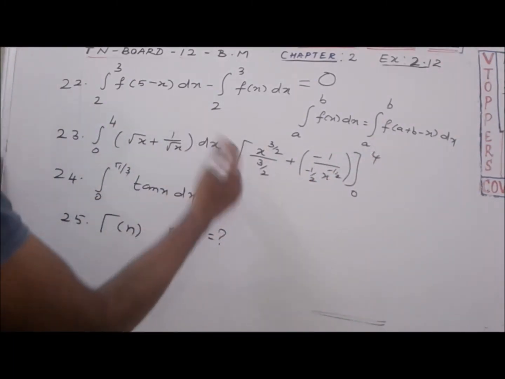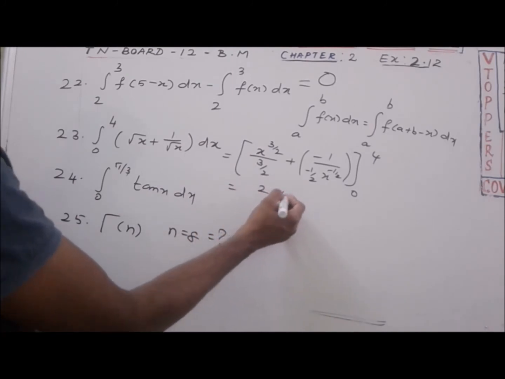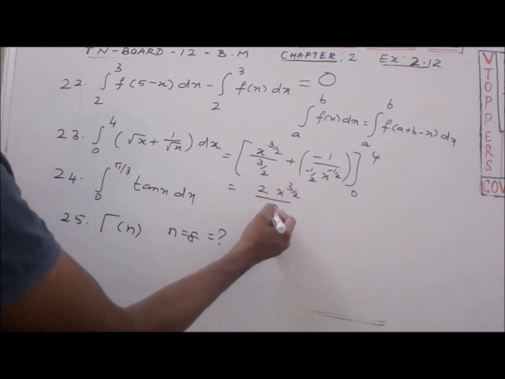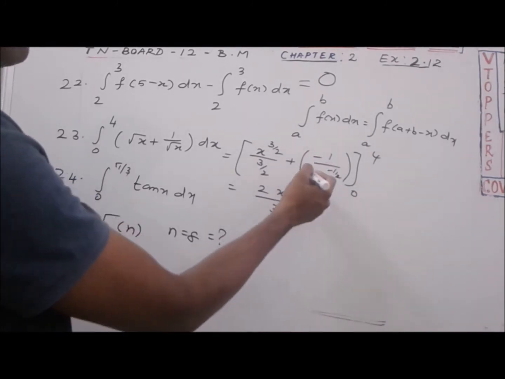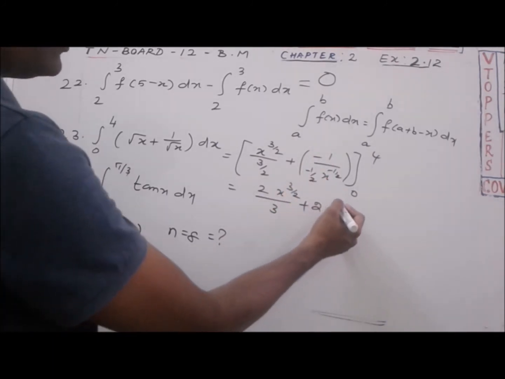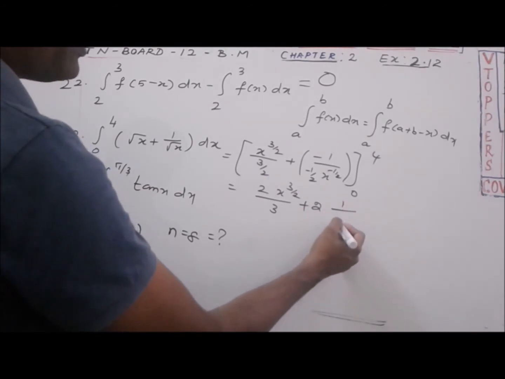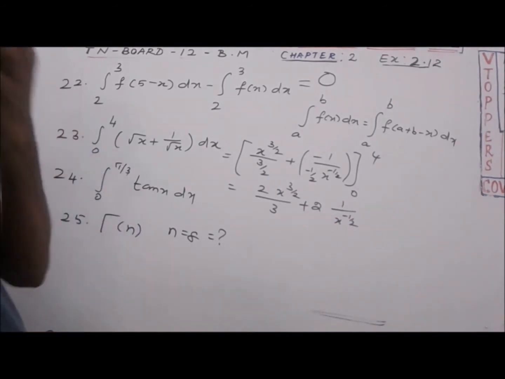Simplifying this, we will have 2 into x power 3 by 2 by 3, minus 2 into minus, minus becomes plus, 2 into 1 by x power minus 1 by 2.